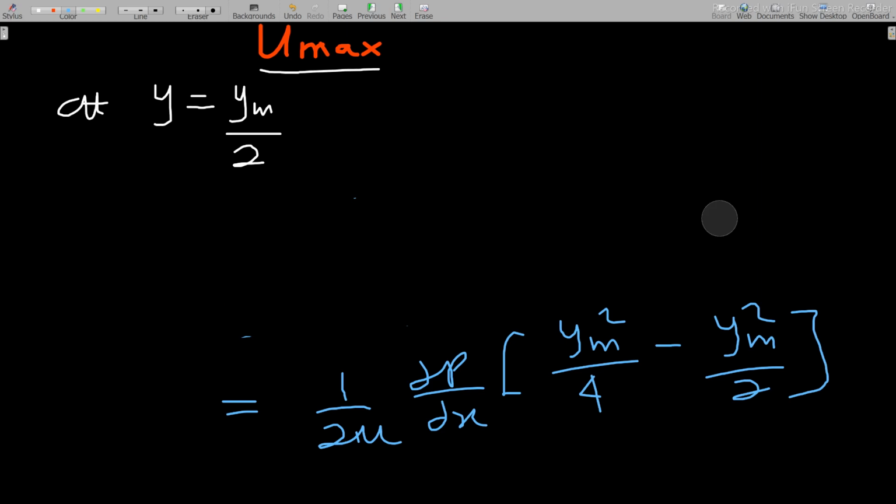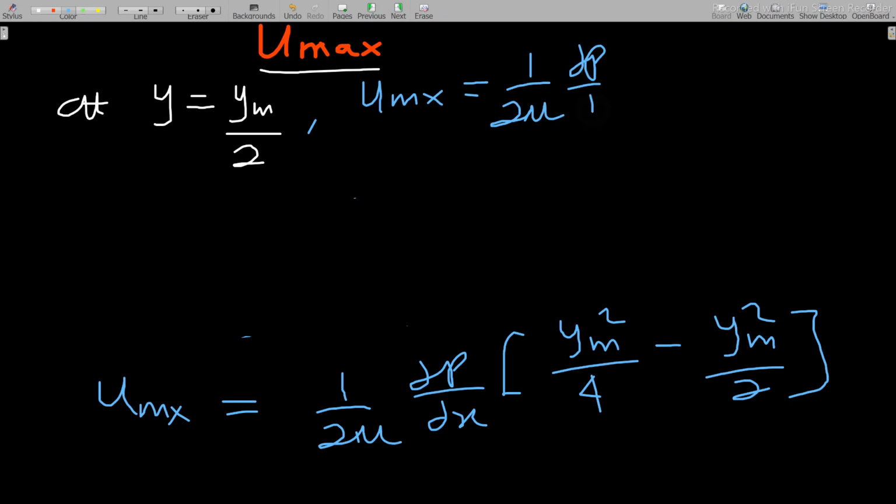We have ym at both, so u max is equal to the same 1 over 2 mu del p del x.